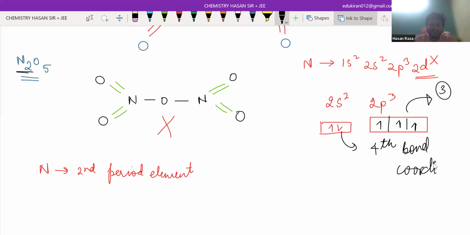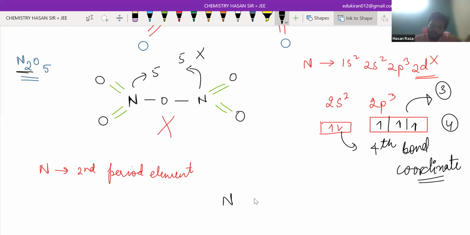So the maximum number of bonds that nitrogen can make is 4. But if you count here, nitrogen is making 5 bonds and 5 bonds. That's why it is wrong. Nitrogen cannot form 5 bonds. Nitrogen is not pentavalent because it doesn't have a d orbital.